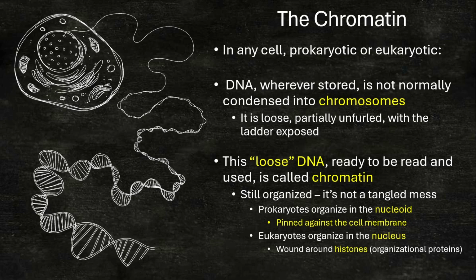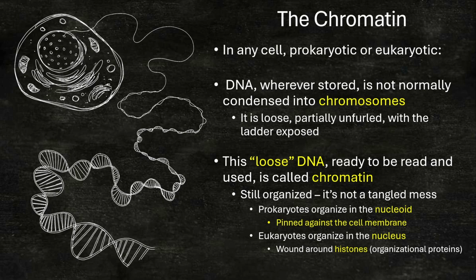That's really important because DNA is only readable, the genes are only capable of being used to make proteins, when the DNA is unraveled and exposed. If the DNA is condensed, those genes are silenced and prevented from being read, transcribed, and translated into proteins. This loose DNA, the stuff that is ready to be read and used, is what we call chromatin.